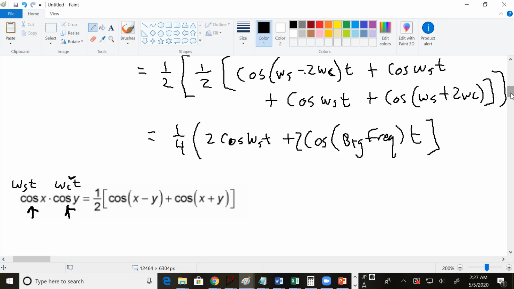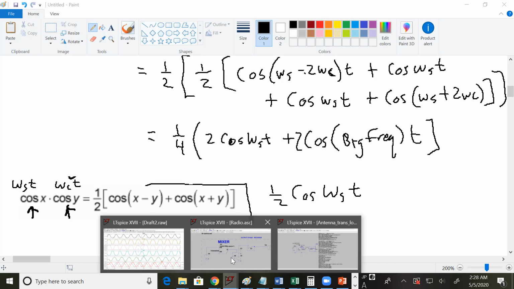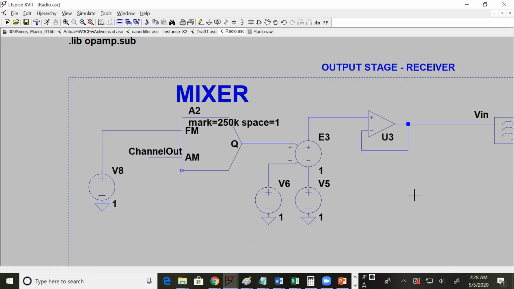My pen stopped working. Oh, it was working so well here. So you get your original signal back, but at reduced amplitude. Your original signal comes through and gets transmitted, and then you have this high frequency component here. If you look at the receiver, now you've mixed it here.